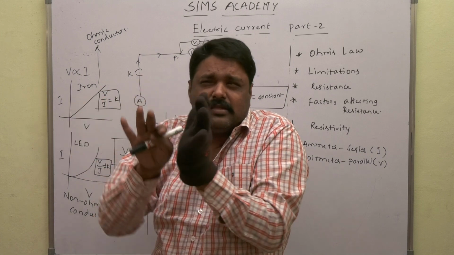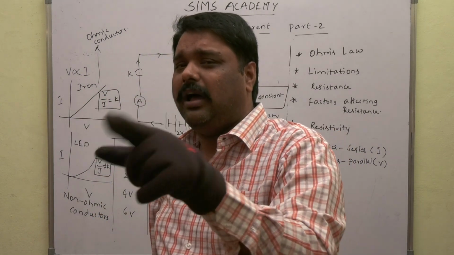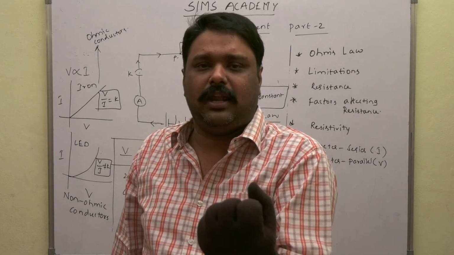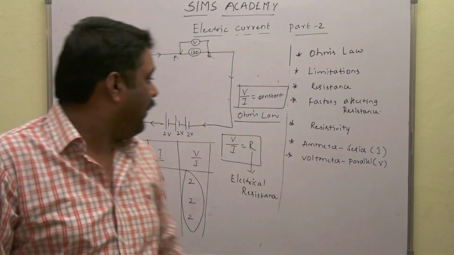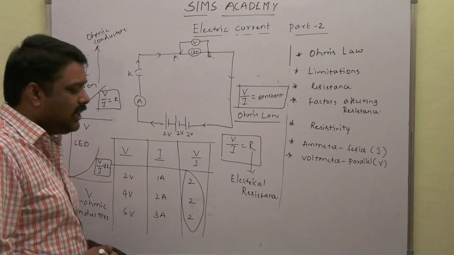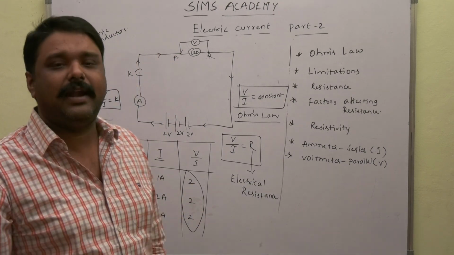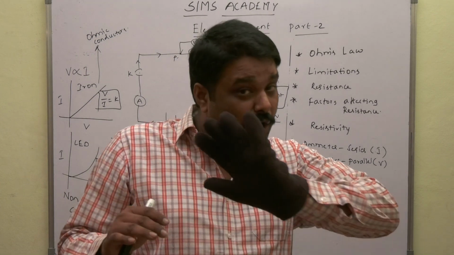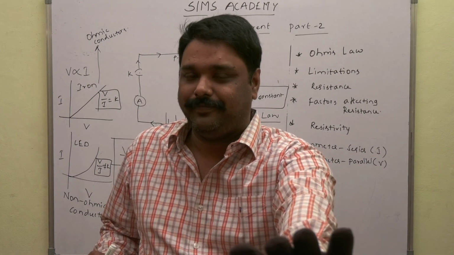That means there is an opposition exhibited on the free flow of electrons, and that electrical property of the conductor, we say it as electrical resistance. From Ohm's law we got V by I equals R. R is called electrical resistance, the property of a conductor by virtue of which opposition is offered to the free flow of electrons in the conductor.